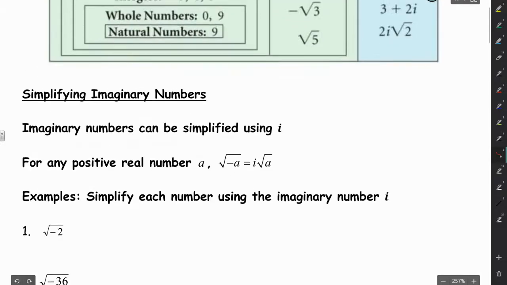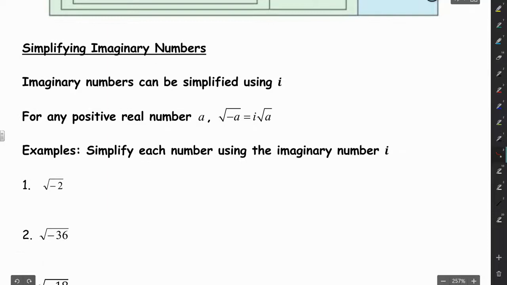So let's take a look at simplifying imaginary numbers. Imaginary numbers can be simplified using the letter i. So for example, if we had the square root of -3, we don't want to leave it like that. That is not considered simplified.